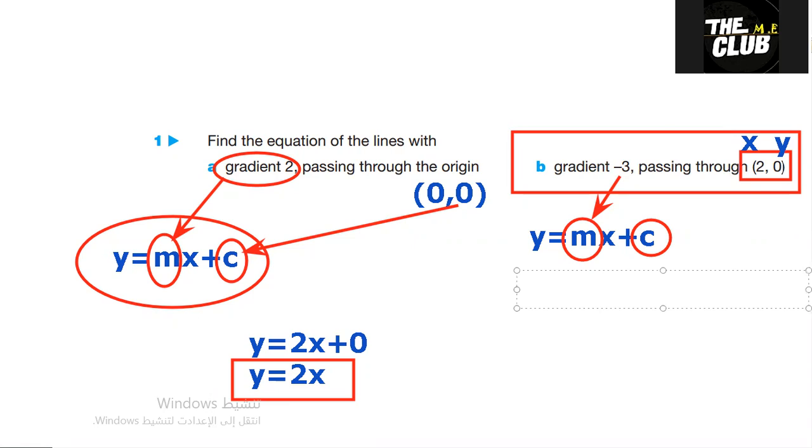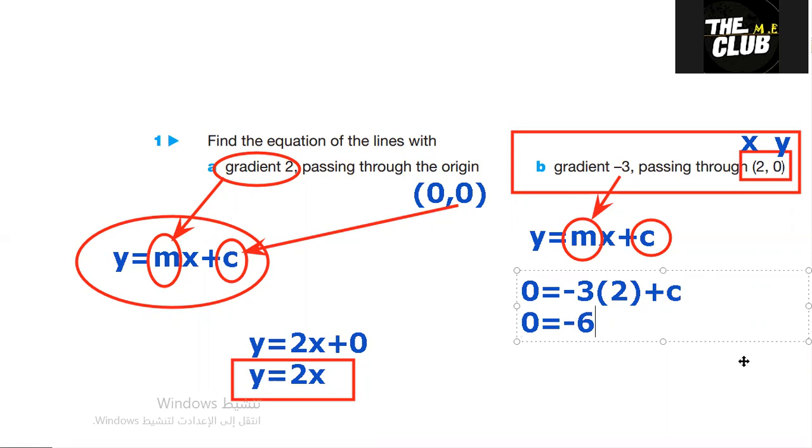So I'm going to use this point and the gradient to find c. I know that y is 0, so I'm going to write 0 equals, m is -3, so I'm going to write -3, and then the x is 2. So I'm going to write times 2 because they are multiplied by each other, and then plus c. 0 equals -3 times 2, which is -6, plus c.